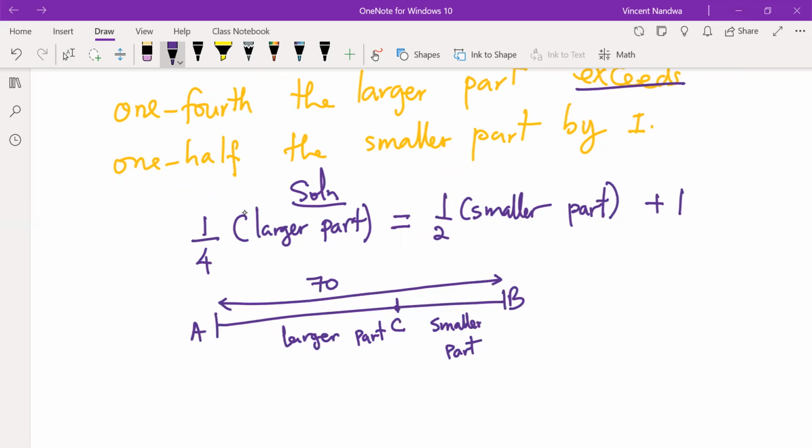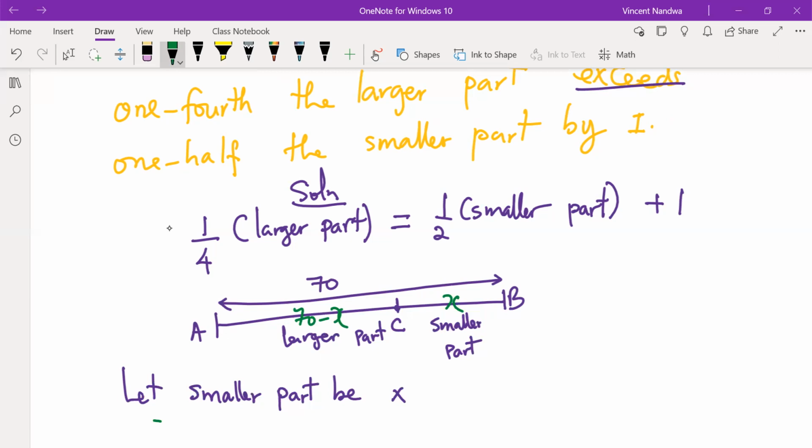If we let the smaller part be X, so from C to B is X, and we know from A to B is 70, then A to C will be 70 minus X. So when the smaller part is X, the larger part will be 70 minus X. Now we can use that.